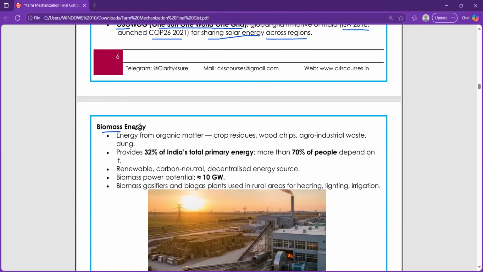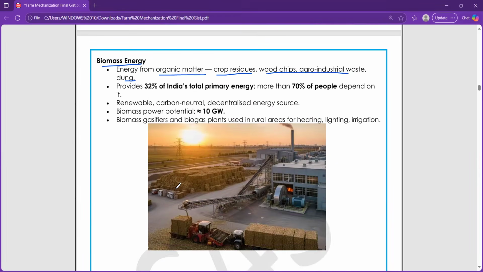Next, we have biomass energy, which, as the name suggests, means getting energy from organic matter like crop residues, wood chips, agro-industrial waste, and dung. As you can see, here are all the agro waste going into this plant, and it is then converted into energy.